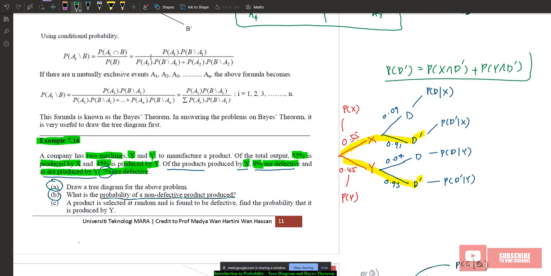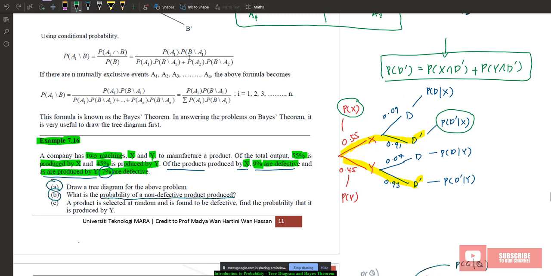The problem is, we have the probability of X and the probability of D complement given X, but we don't have the value of X intersect D complement.